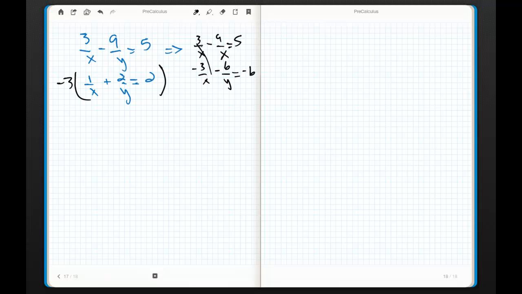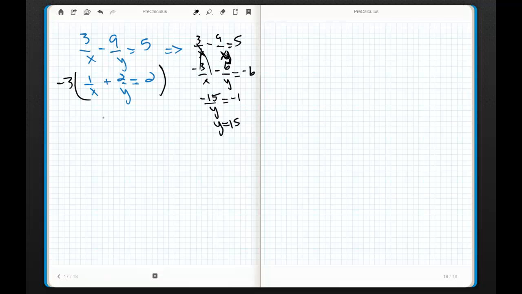These cancel. I end up with negative... whoa, that should have been a y right there. Sorry about that, you guys. I know you're going to yell at me in class for that. That happens. I end up with negative 15 over y, if there is such a thing, equals negative 9, which implies what? Do a little cross multiplication, you end up with y equals 15.